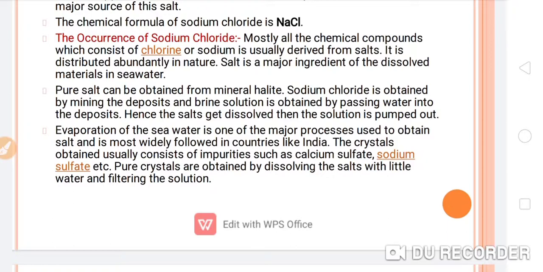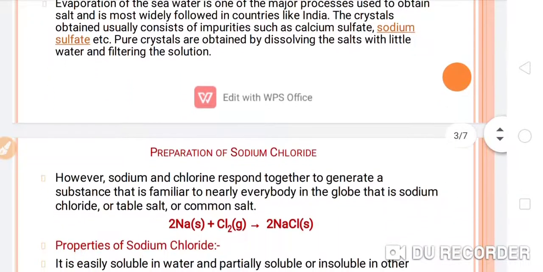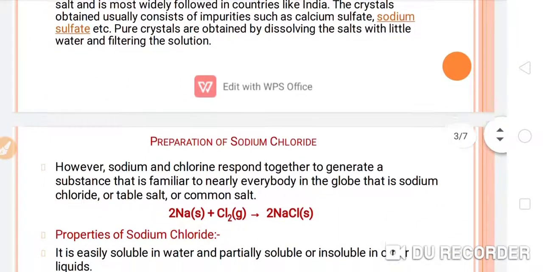The crystals obtained usually contain impurities such as calcium sulfate, sodium sulfate, etc. Means these kinds of impurities will exist in the salt. So pure salt is obtained by dissolving the salt in a little water and filtering the solution. This was the process by which we recover it.